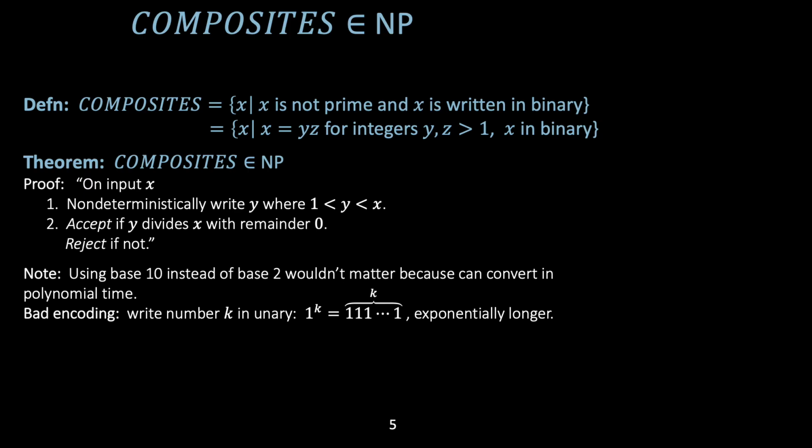While log 10 and log 2 are related to each other by a polynomial, there's not a concept of log base 1 since it's literally just tallies. And so that is the one exception to the rule here about what the length of that input is.